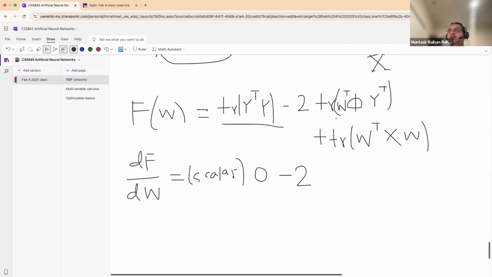Okay, minus 2 times... So now I have a trace of basically something with W, and with respect to W, this part is constant. So it's kind of like a function of X equal to, in some sense, A of X. If I differentiate the trace of this function with respect to W, what would you expect to get?